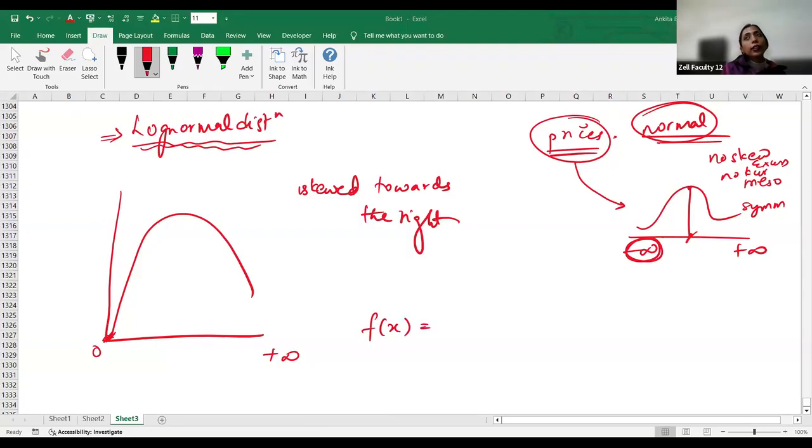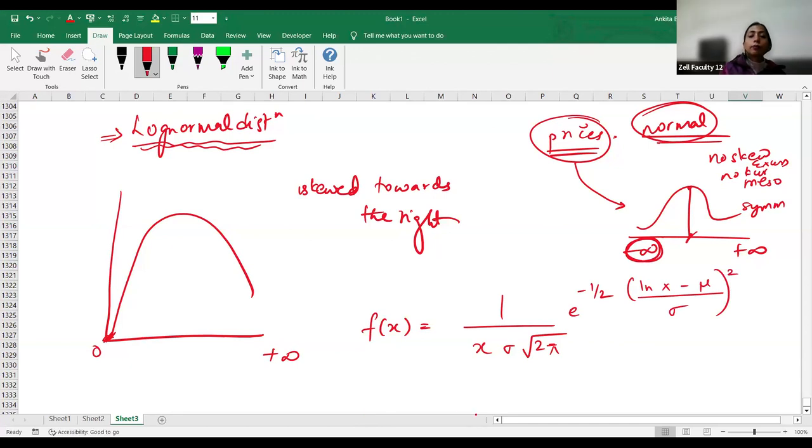If I want to show the probability function for a log normal distribution, it looks like this: 1 divided by x times sigma times square root of 2 pi, times e to the power minus half times (ln of x minus mu) divided by sigma, squared.